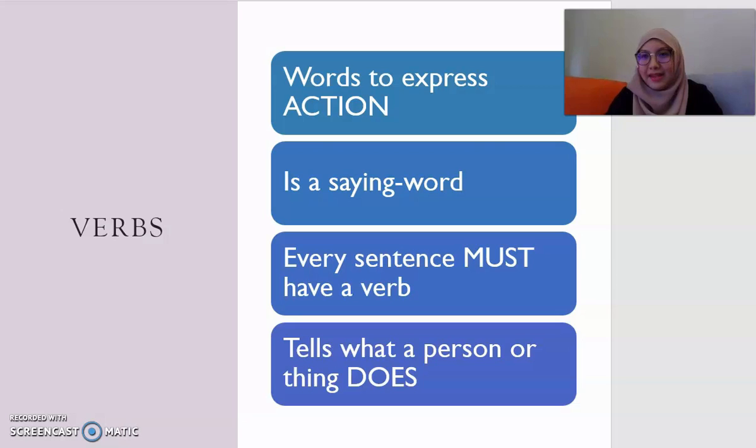Verbs are the most important part of every sentence. There is no sentence without a verb. Verbs are words to express action. They are action words, or you can say a saying word. It tells what a person or thing does.